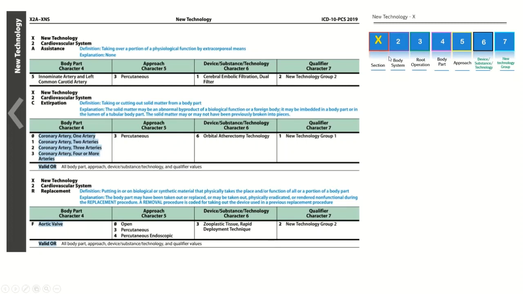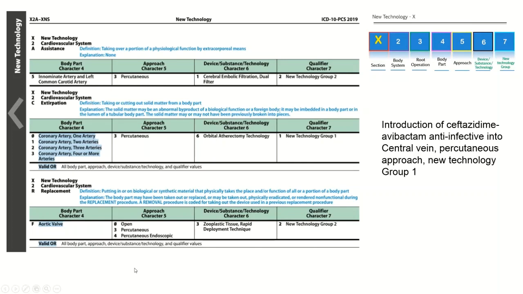So we know we're at the correct table because you see the section X, and we've got new technology cardiovascular system. Now, these are divided into groups. So this will be group 1, and this is new technology group 1, and you've got group 2 and so forth.